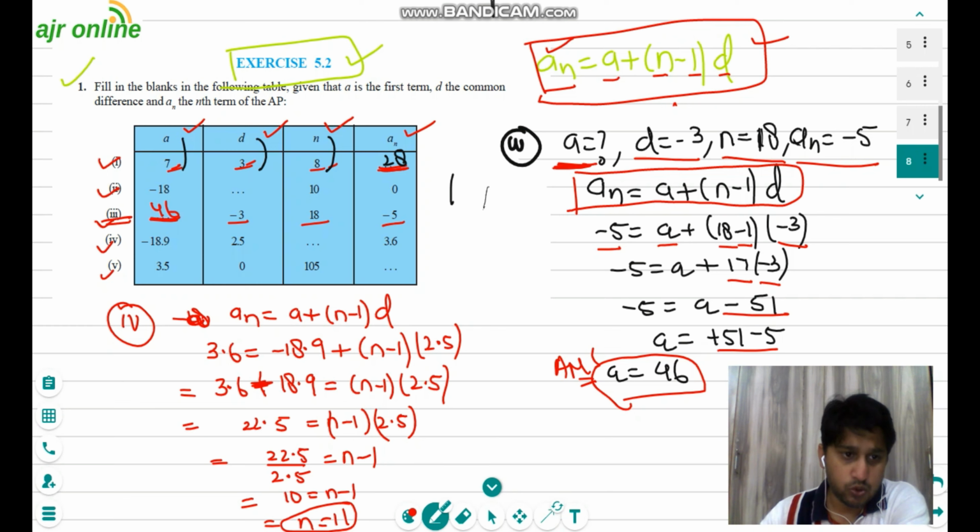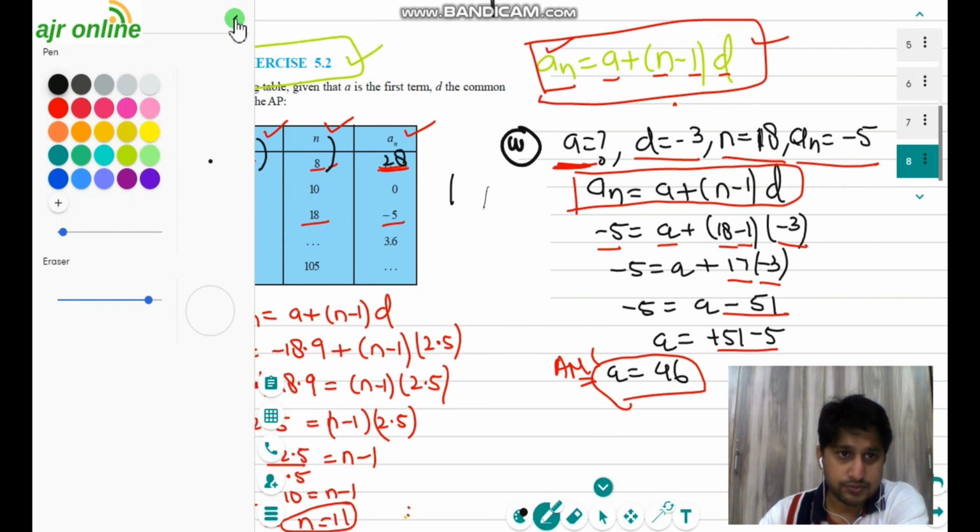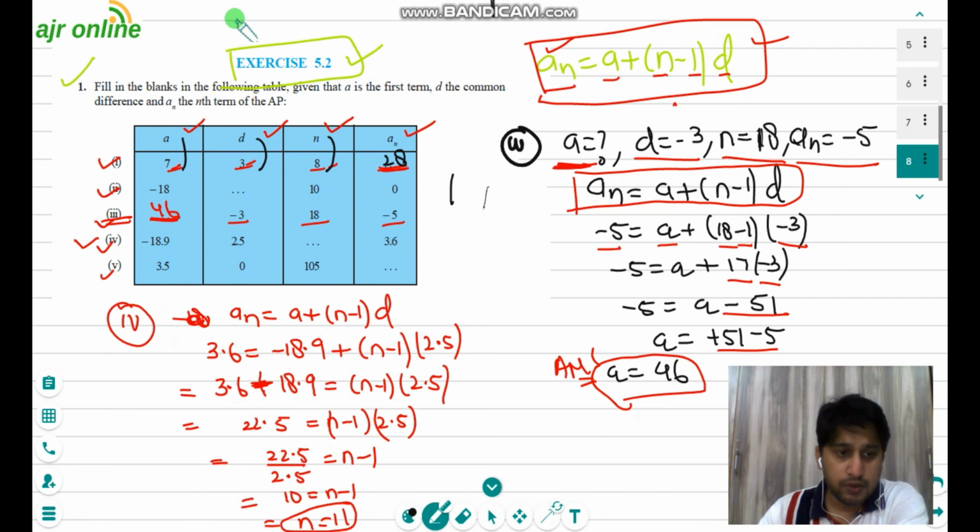The second part is very easy, you can do it on your own. Now let's come to question number 4. In question number 4, a is 18.9, d is 2.5, an is 3.6, and we have to find n.